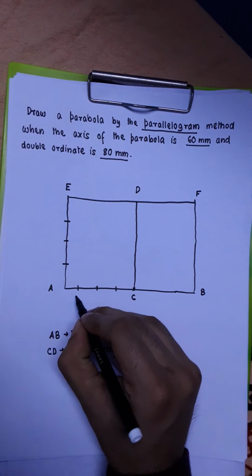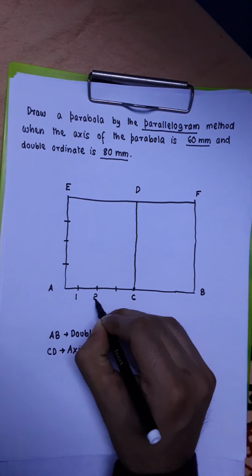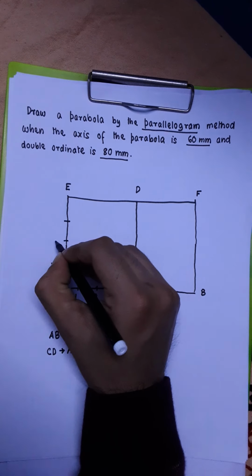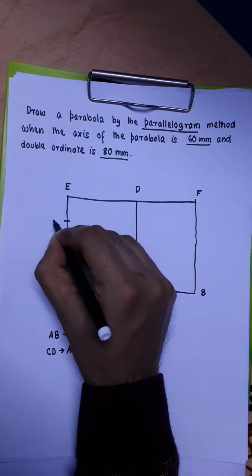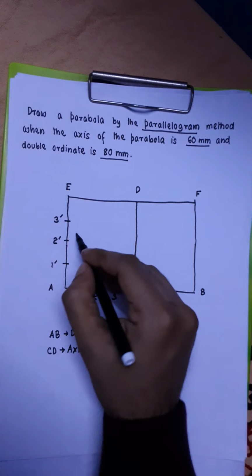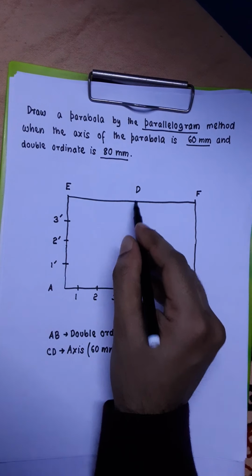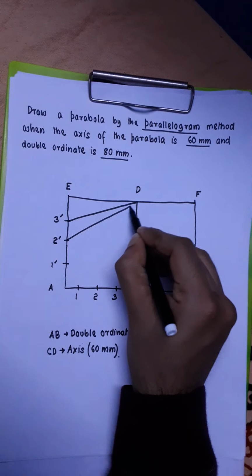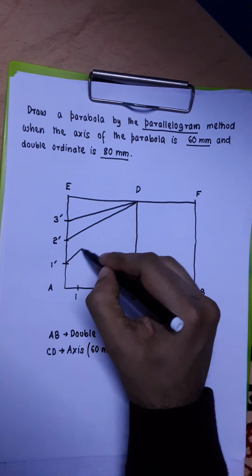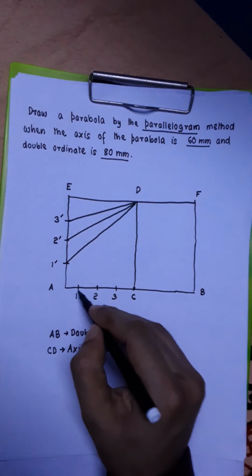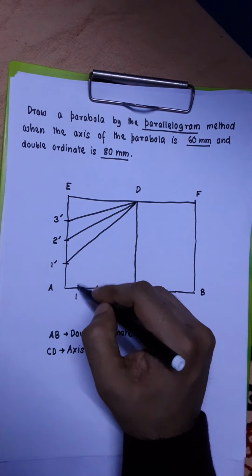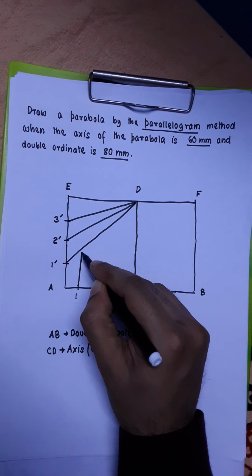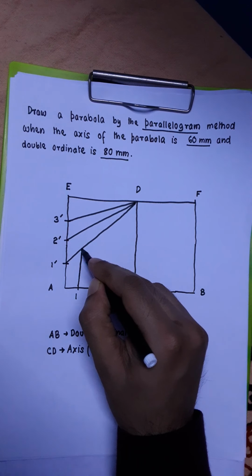So number these division points as 1, 2, 3 and let us number the corresponding division points on this vertical side as 1 dash, 2 dash and 3 dash. Join these 3 points with D. And from these 3 points you draw perpendicular lines. So from 1 you draw a vertical line extending up to this line. Why?